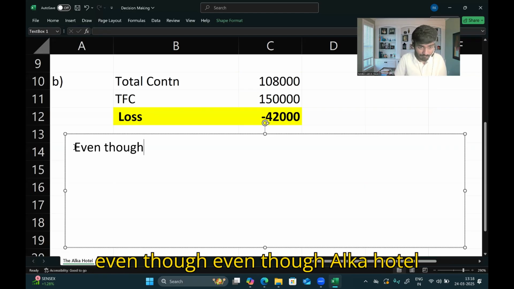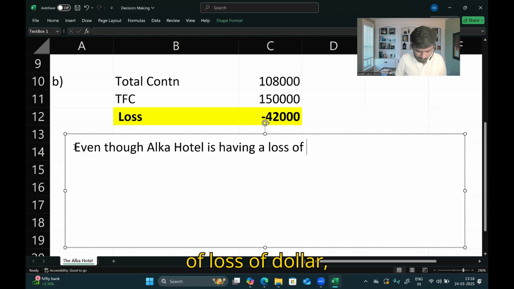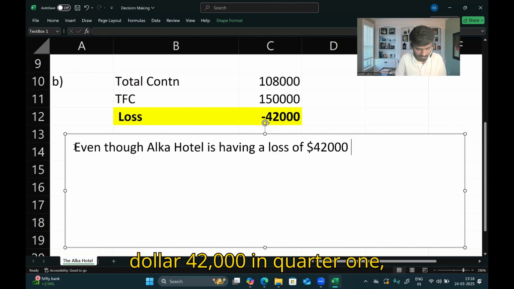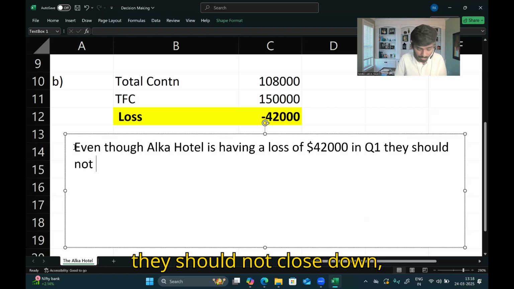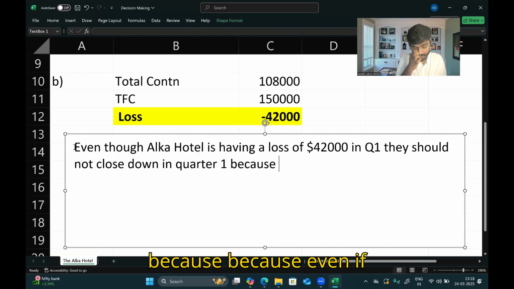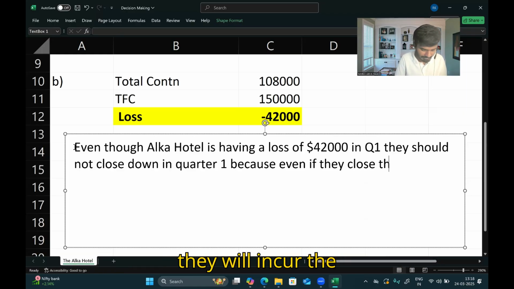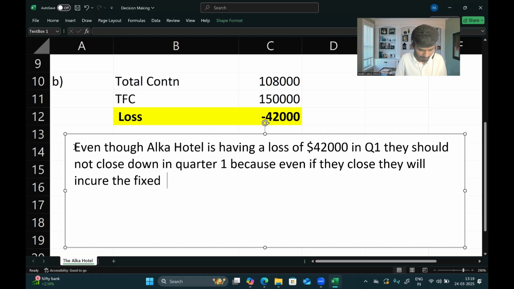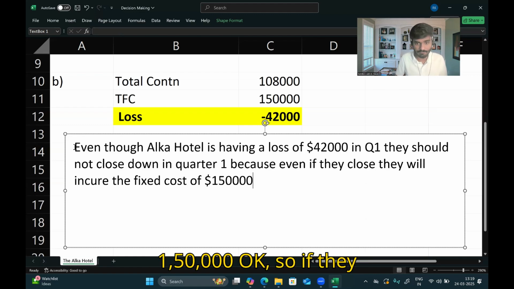Even though Alka Hotel is having a loss of $42,000 in quarter one, they should not close down in quarter one, because even if they close down, they will incur the fixed cost of $1,50,000.